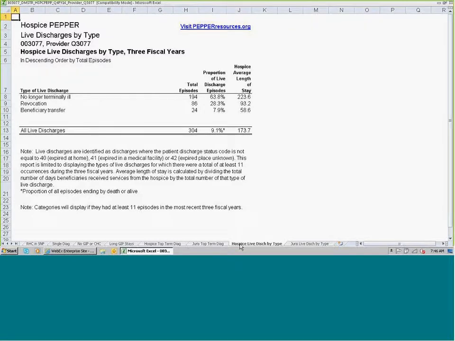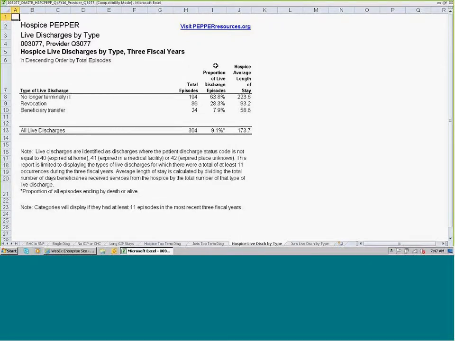And so this particular hospice had what we call reportable data, count of 11 or more episodes for the most recent 3 fiscal years for 3 of these live discharge categories. You can see the total number of beneficiary episodes no longer terminally ill, the number that were revocations, and the number that were beneficiary transfers.